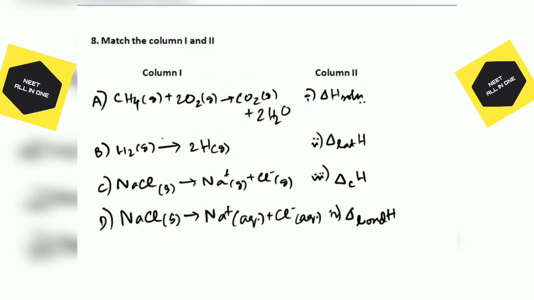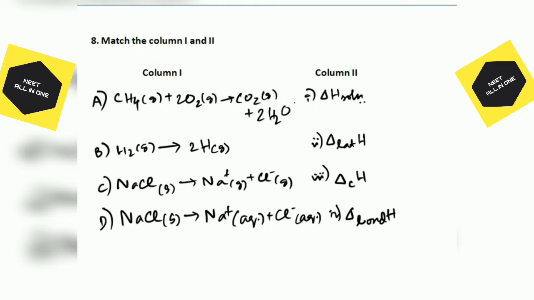They have given us a table and told us to match the columns. So we have to match the columns. Now first see what the first option is: CH4 plus 2O2 gives CO2 plus 2H2O.